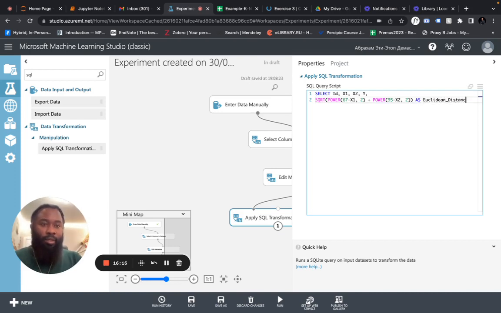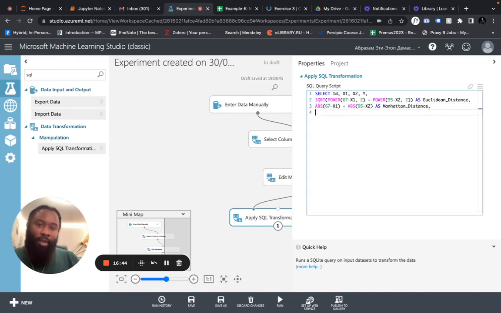Let's do this as Euclidean distance. Let's quickly also do the Manhattan distance, which is the absolute value of points. So new point is 67 minus x1 plus absolute value of the second point is 95 minus x2 as Manhattan distance.